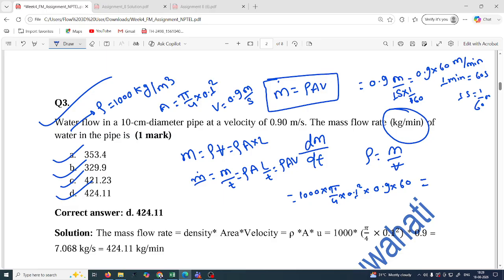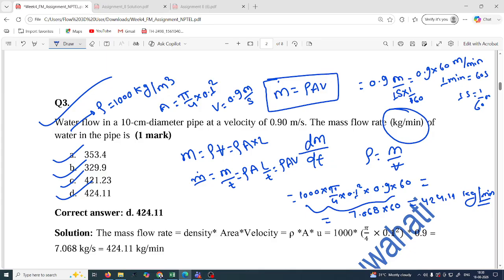After all these calculations, you will get 7.068 into 60, and when you multiply with 60, you will finally get 424.11 kg per minute. So hope you understand the things.